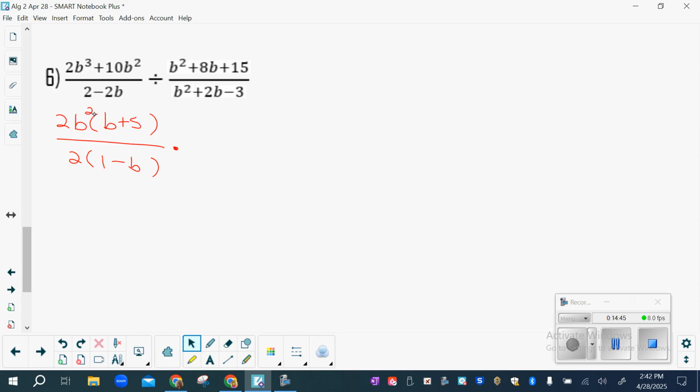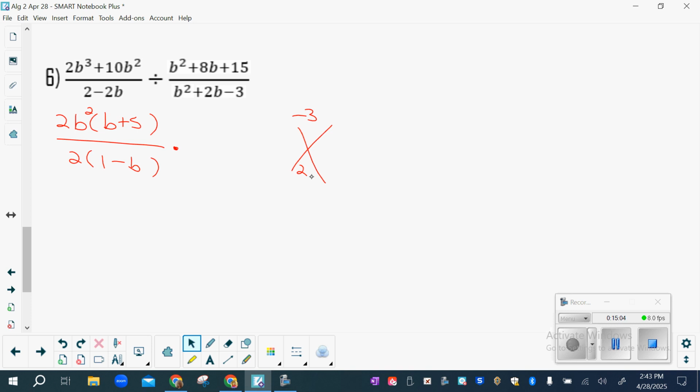So then over here, we have to take the reciprocal. So we're going to factor the b squared plus 2b minus 3. What multiplies to negative 3 that adds to 2? 3 and negative 1. Raise your hand.